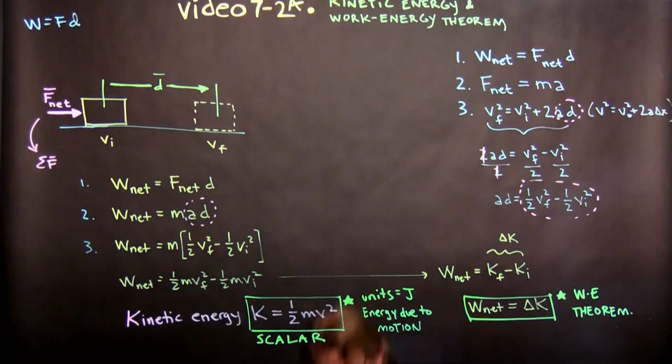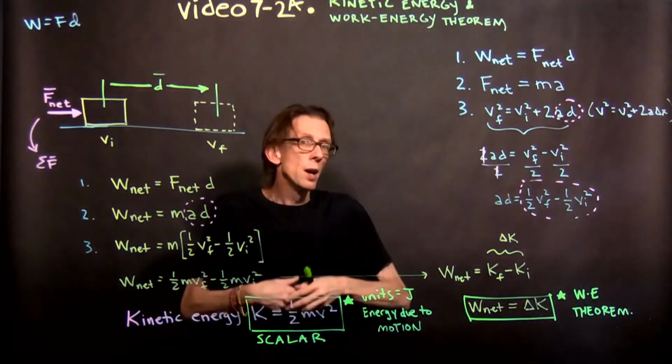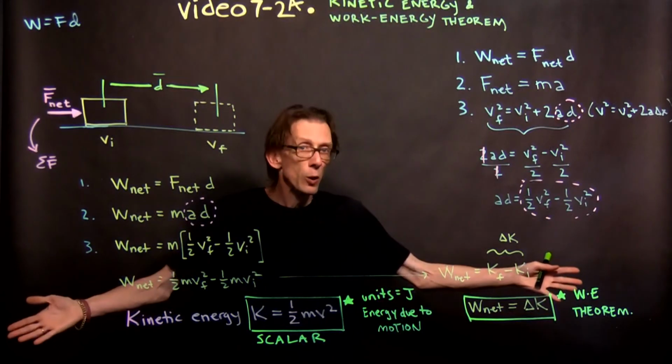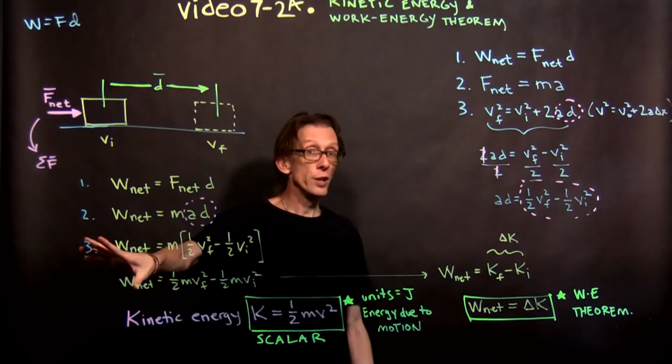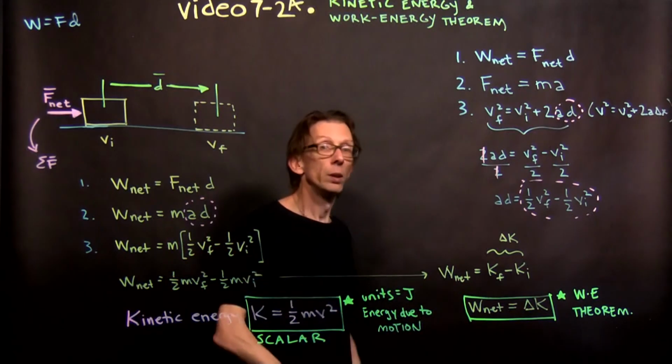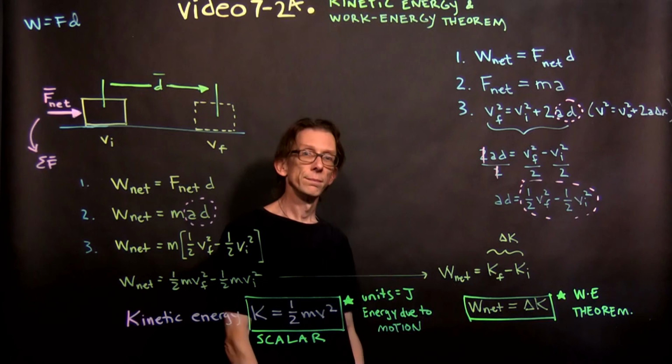So there's no direction about kinetic energy. The pen has the energy, but there's no vector business to it. Okay? Kinetic energy, like all energy and all work, is a scalar. Don't forget it.